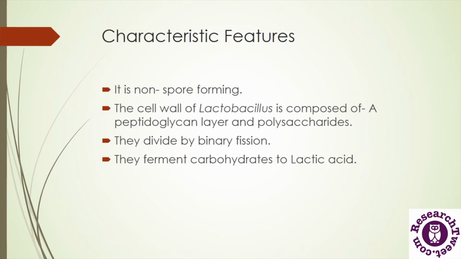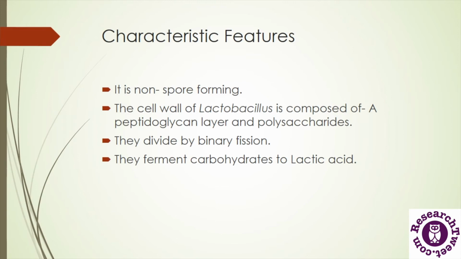But in the case of Lactobacillus, it is non-spore forming. That means it doesn't form any reproductive spores, and they divide by the process of binary fission, and thus they increase their population. Now the cell wall of Lactobacillus is composed of a peptidoglycan layer and polysaccharide molecules.